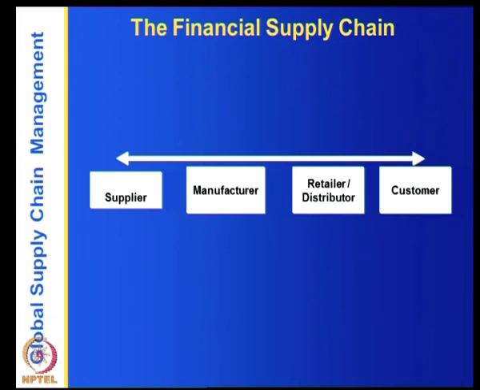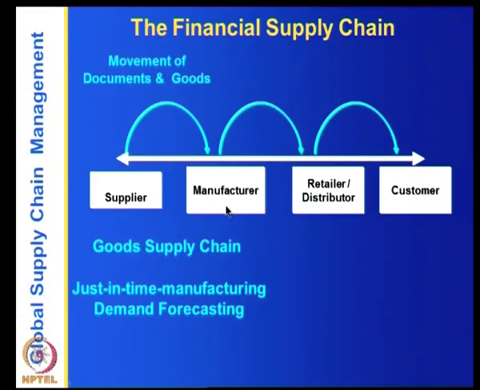In other words, as the material flows, value is added to the product, from supplier to manufacturer, manufacturer to retailer and retailer to customer. But what happens to the finances? So, the movements of documents and goods happen in a forward direction.